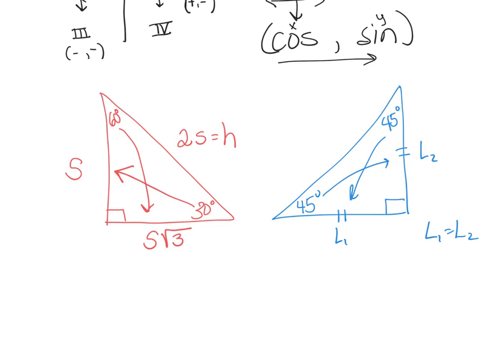So we can just refer to those as legs since they're both the same. To find the hypotenuse of a 45-45-90, we take one leg and multiply that by the square root of 2. Now those are all really significant, and we need to keep those in mind as we develop the unit circle.